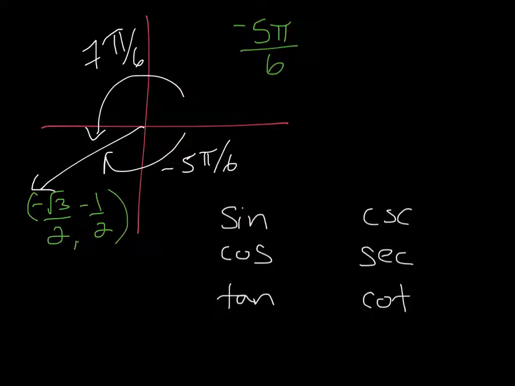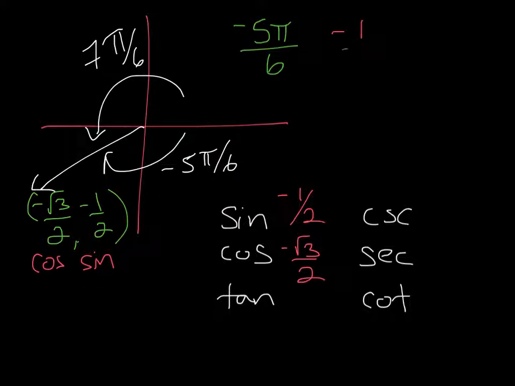Remember they go cosine, then sine. They go in alphabetical order. That's one way to remember it. So my cosine value is negative root 3 over 2. My sine value is negative 1/2. And I have to do a little bit of work to get my tangent because it's sine over cosine.